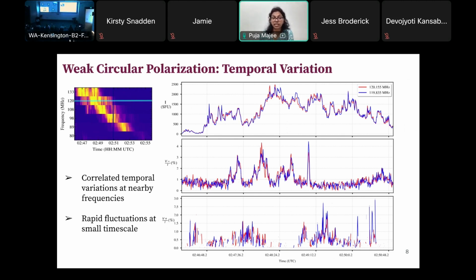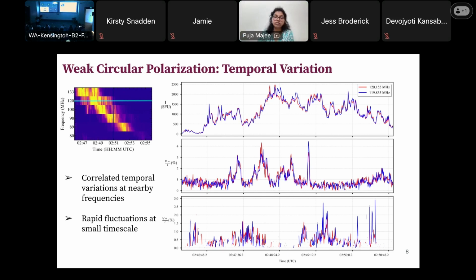There is a lot of emission for the negative polarity sources, while the positive polarity sources are not always present. Also there are a lot of rapid fluctuations at very small time scales, even within half a second, which tells you that whenever the emission was passing through the coronal medium, it was passing through a lot of small scale inhomogeneities or coronal density structures.